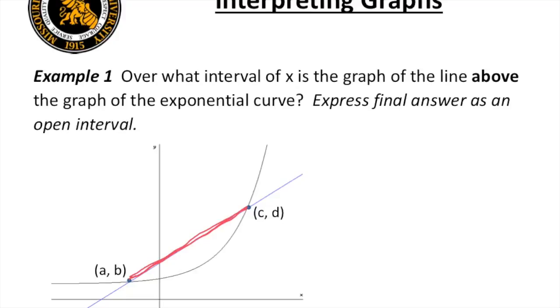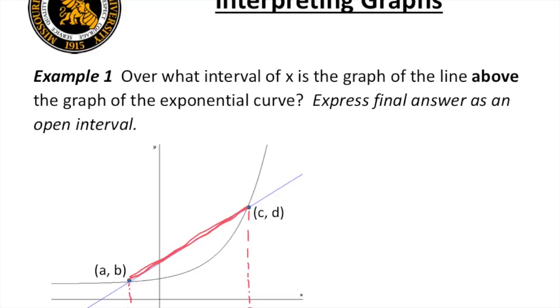Now what we need to do is describe the interval of x over which this happens. So dropping down to the x-axis from those endpoints, we see that the left endpoint has an x value of a, and the right endpoint has an x value of c.